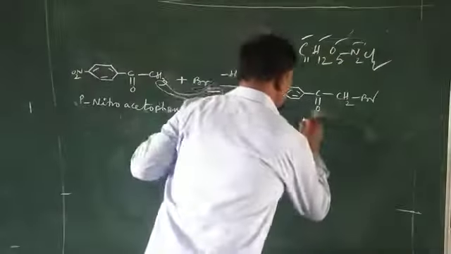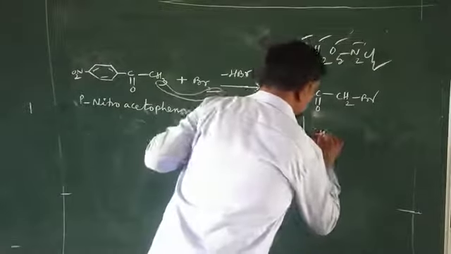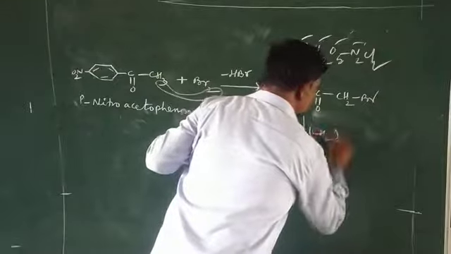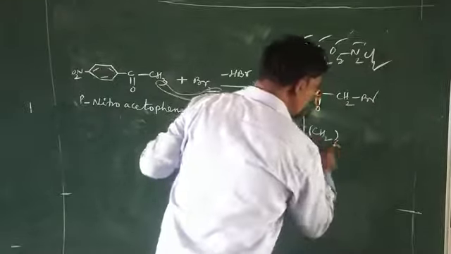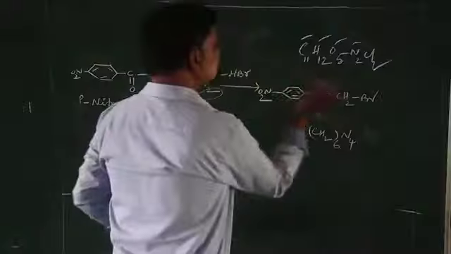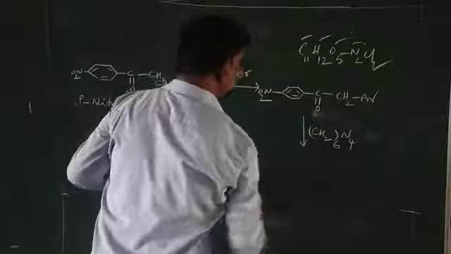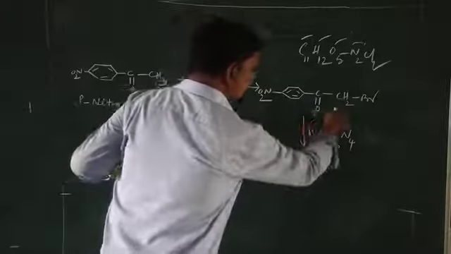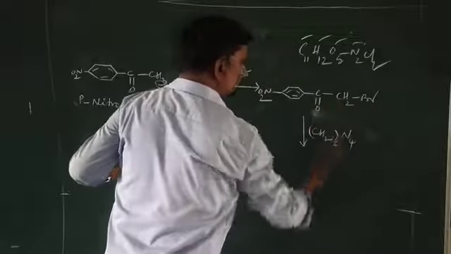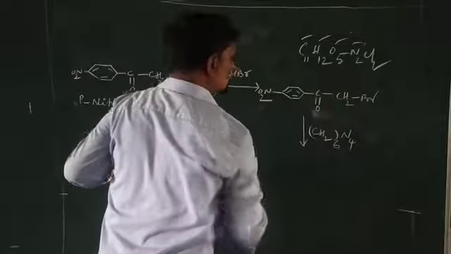So it is treated with hexamethylene tetramine. So here alkyl halide, alkyl bromide converted to alkyl amine. So bromine converted to amino group.